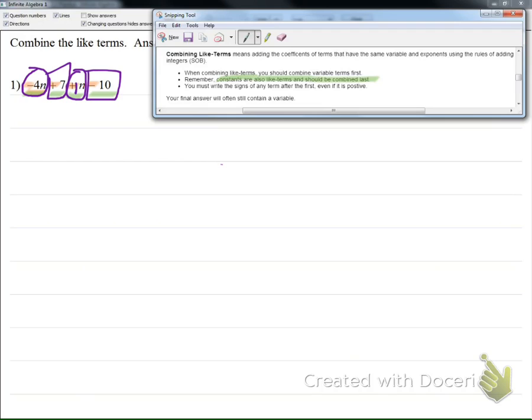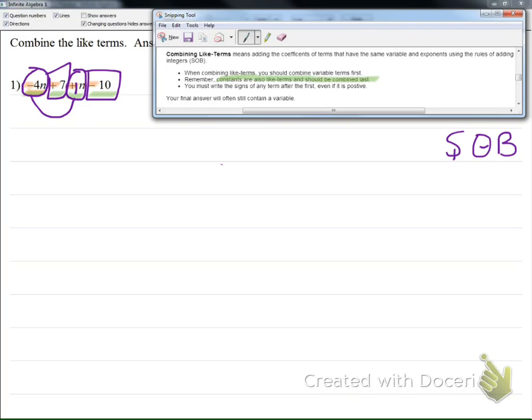So what we're going to do when we combine our like terms is first combine our variable terms, or my two circles. Negative 4n and positive 1n. When you're combining them, all you do is use your rules of adding integers. Everybody remember what those are? Same signs add, opposite signs subtract, bigger sign wins, of just the coefficients, the numbers in front.